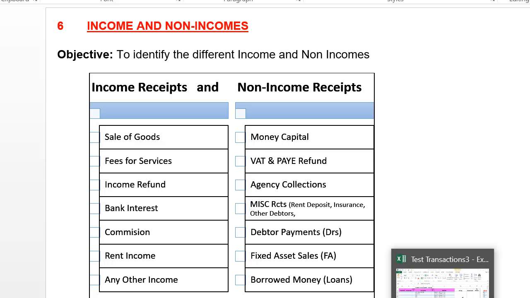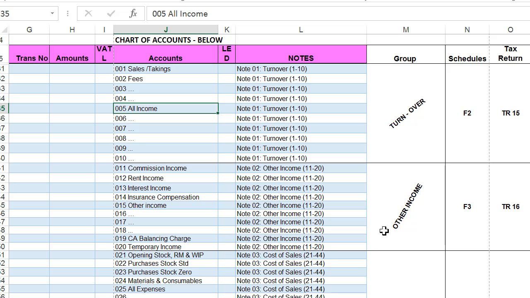Now let's have a very brief look at our chart of accounts. Chart of accounts is supposed to be looked at in a later session. Now the first two groups, we've got turnover and other income, but then I need to remind you that we now have a provision of recording all the income on this income account number 5.